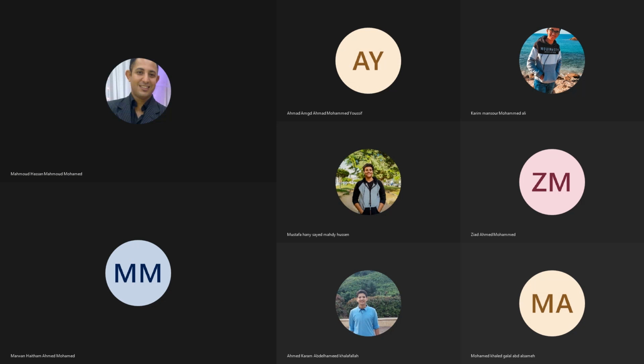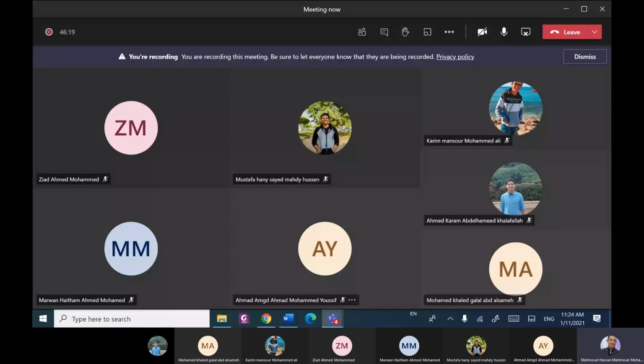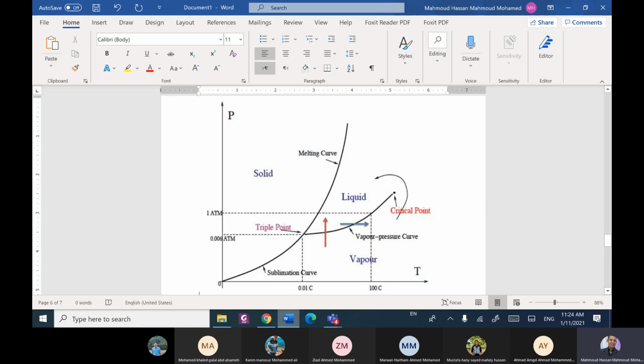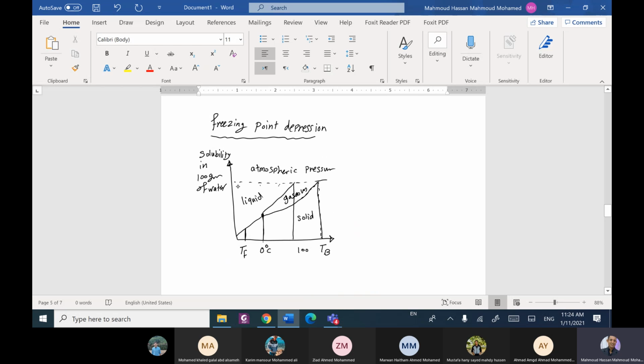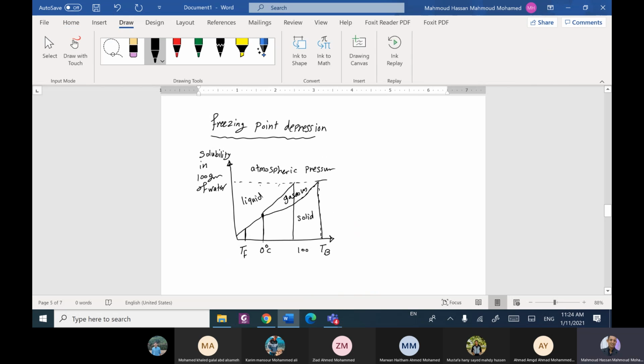Okay. We'll find this is the shape representing the phase curve. The correct one will have the vapor in this area, and the solid in the higher area, and the liquid in the middle. So it's not correct, so we'll correct it. Bismillah.